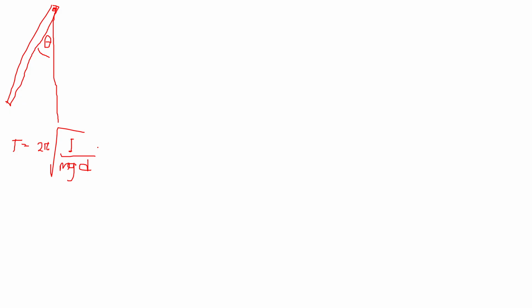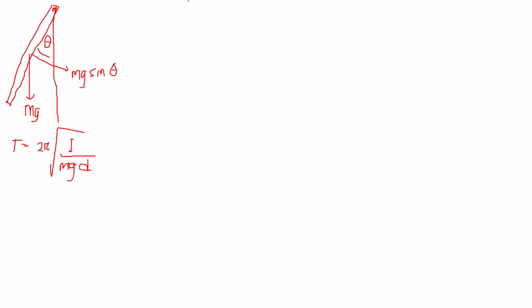Okay, where did this come from? I think I know. Okay, so here there's mass, mg, and therefore this will be mg. Wait, is this sine theta or cosine theta? I think this is sine theta. Okay, mg sine theta here is the recovery force.